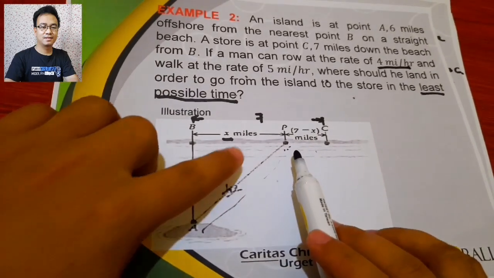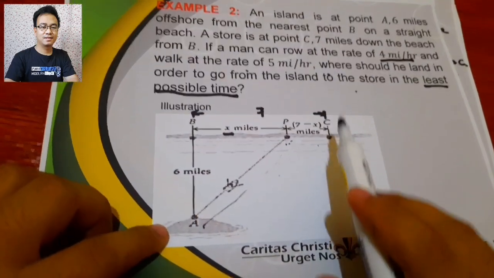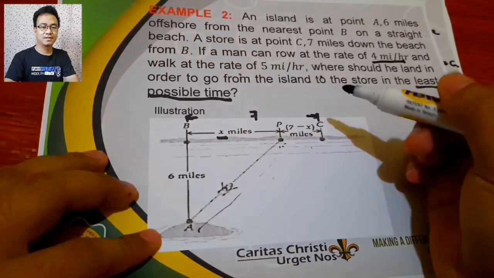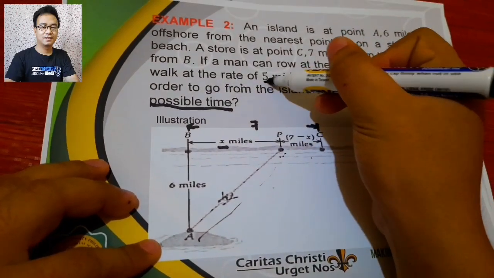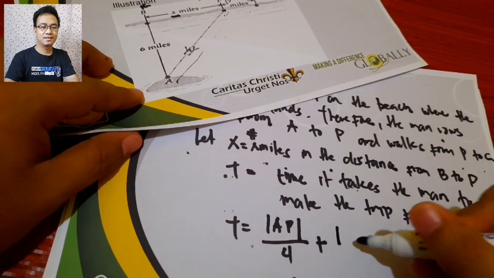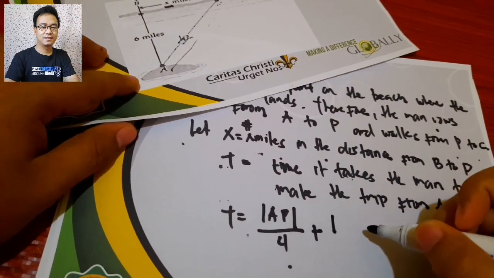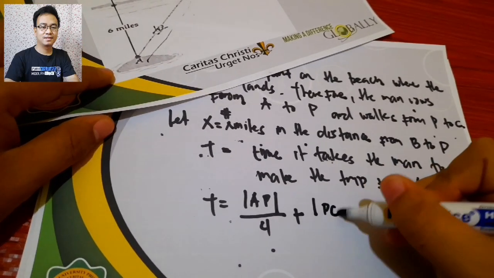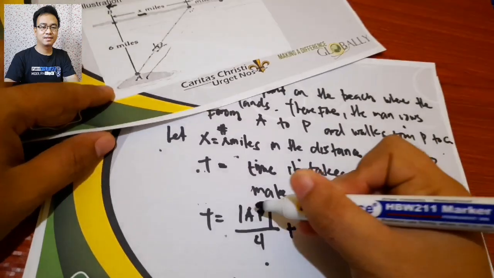Take note that if a man travels from point P to point C, maglalakad po siya. And the rate of walk is actually 5 miles per hour. So this one is the absolute value of the distance from point P to C. Okay?